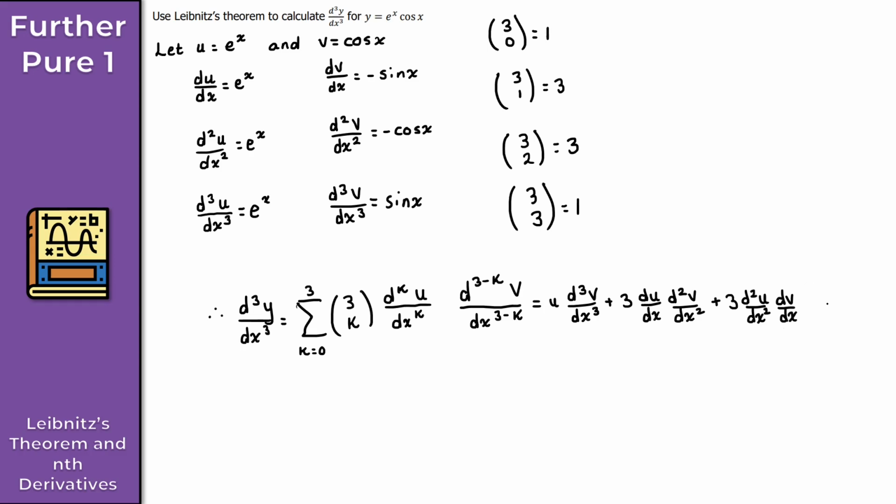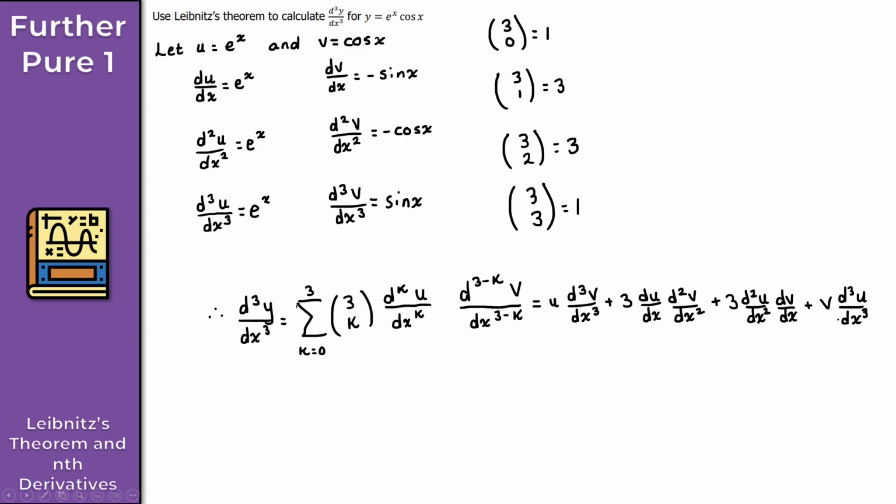And we should have just about enough room here to finish this first line of working. So now this one will increase to the third derivative of u, and this one will decrease to just v. Okay, and we have 3 choose 3, so it's just 1 here as our coefficient. So in that case then, what we get here is v times the third derivative of u, like so.